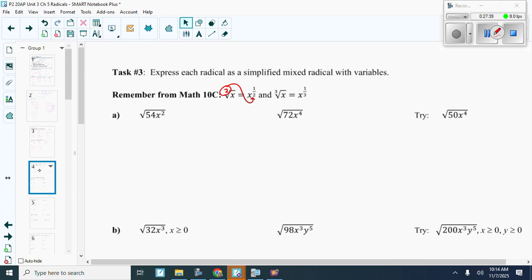Another way to think about this, and what I like to do, is take the exponent and divide it by the index. 2 divided by 2 is 1. So when I pull the x out, there's going to be 1 x that gets pulled out. Other people might like to have separate groups of the variables and see how many groups they take out.